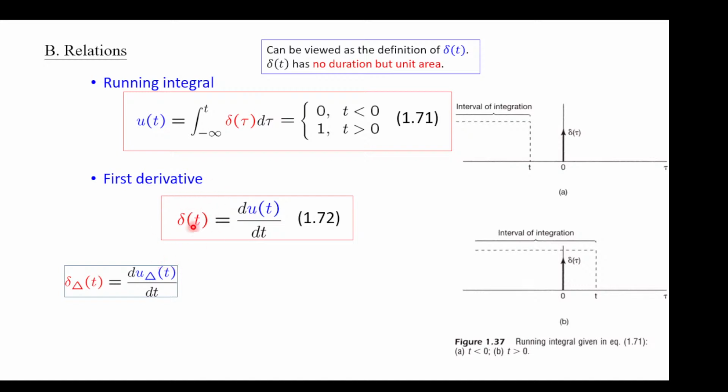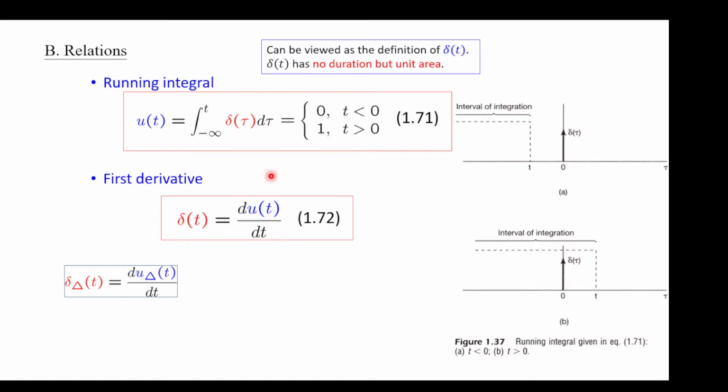So the continuous time delta function is the derivative of the continuous time unit step function. And as we know, if you take the integration of a derivative, you get back the same function. So integral is the inverse of derivative.